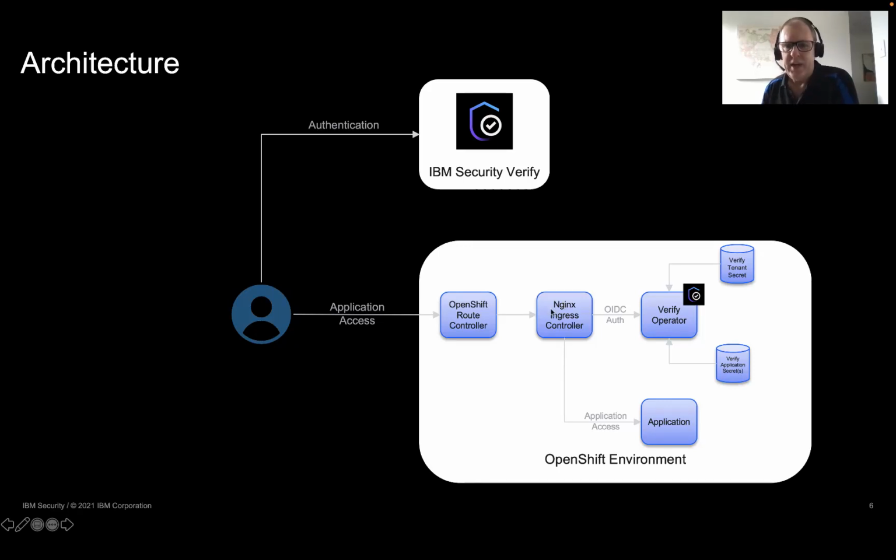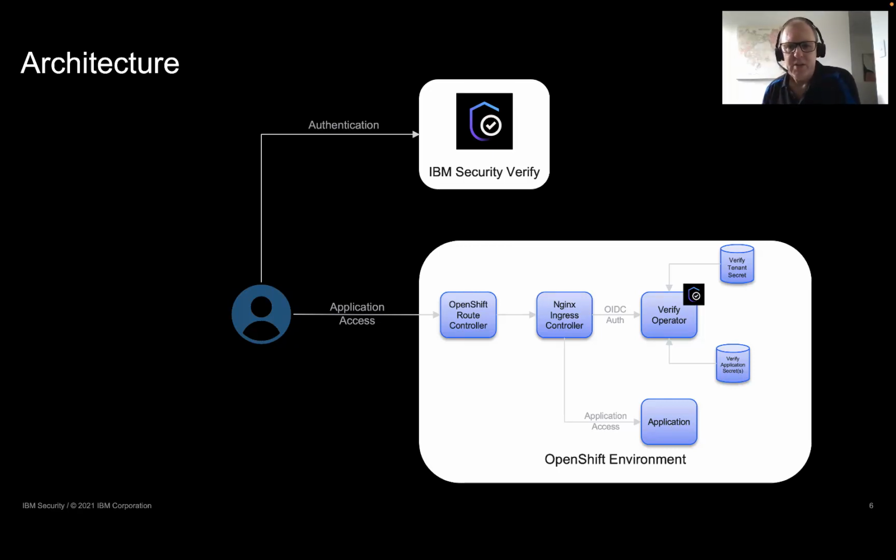The ingress controller has been instrumented with code or configuration that will allow it to call out to our Verify operator to perform OIDC authentication in order to protect your application. And then once the authentication is successful, the ingress controller will then allow access through to your application.